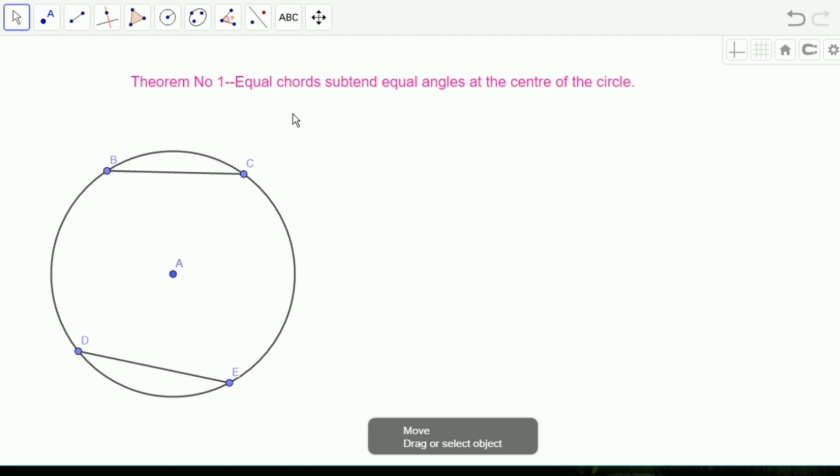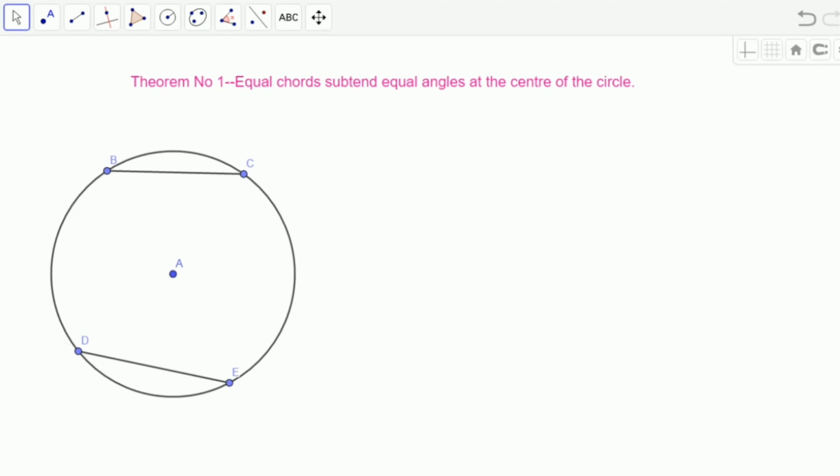So let's see first what's given. Given is chord BC equal to chord DE.